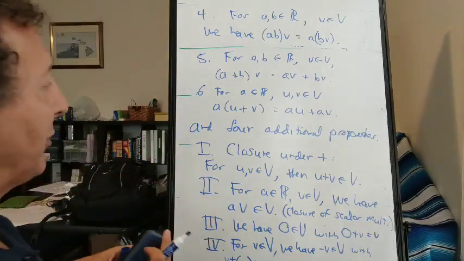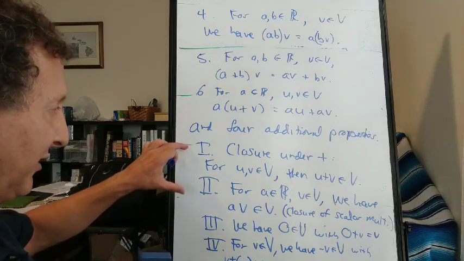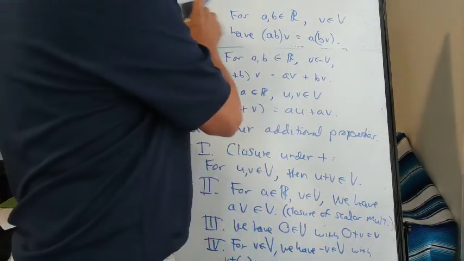So let's look at the examples that came up in the first 5 lessons and see that they really do have these properties.